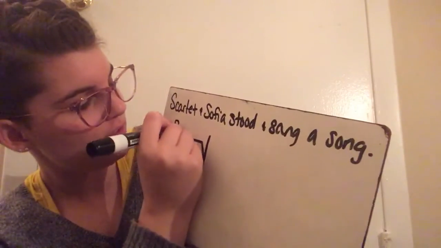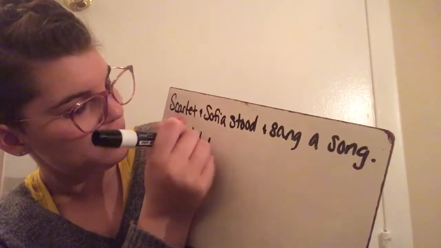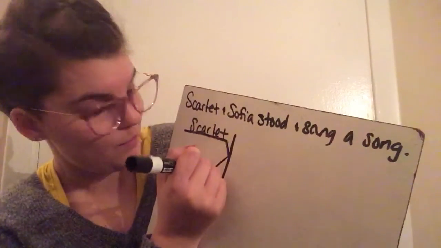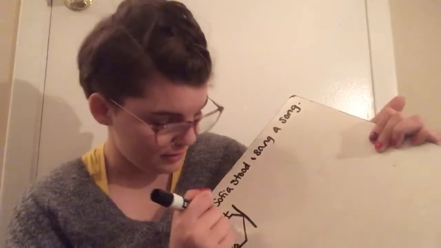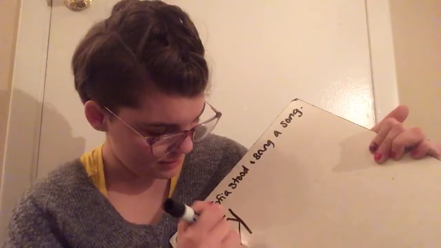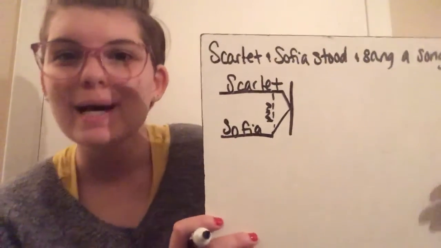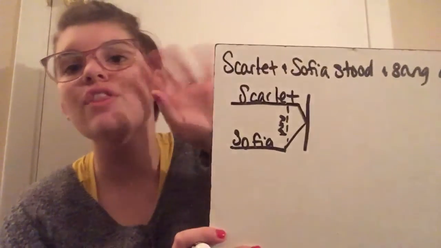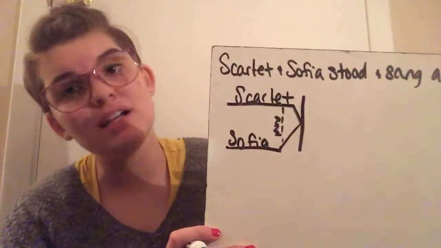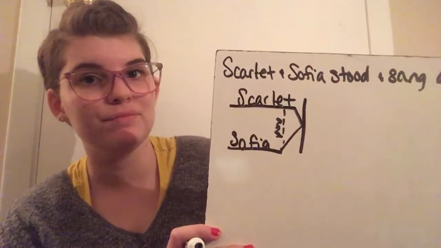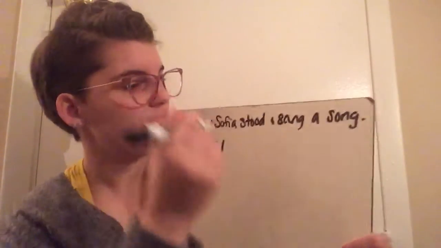Scarlett. And the other is Sophia. But we cannot forget our conjunction here. And, ta-da! And since there's no the or she or any modifiers, it's just Scarlett and Sophia. Plain and simple.